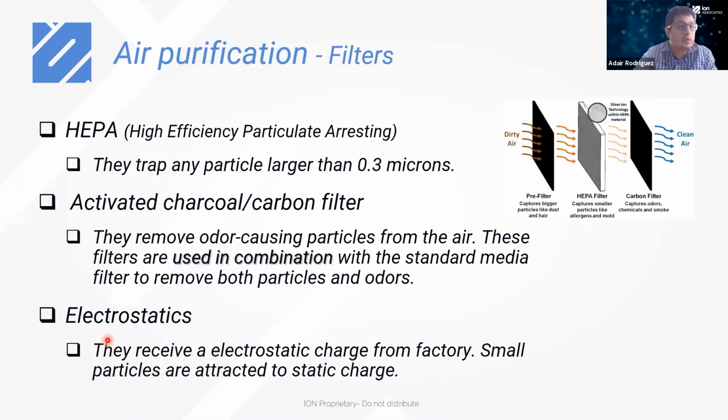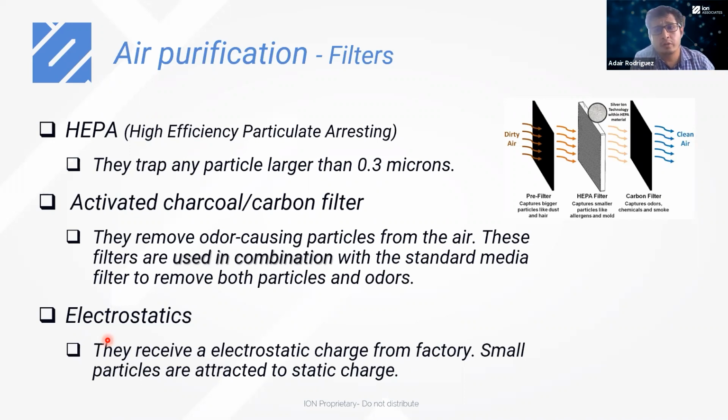The filters we already find in the industry are different kinds of filters that can be used in common or as complementary solutions. HEPA, or high efficiency particulate arresting, doesn't allow components with a size higher than 0.3 microns.